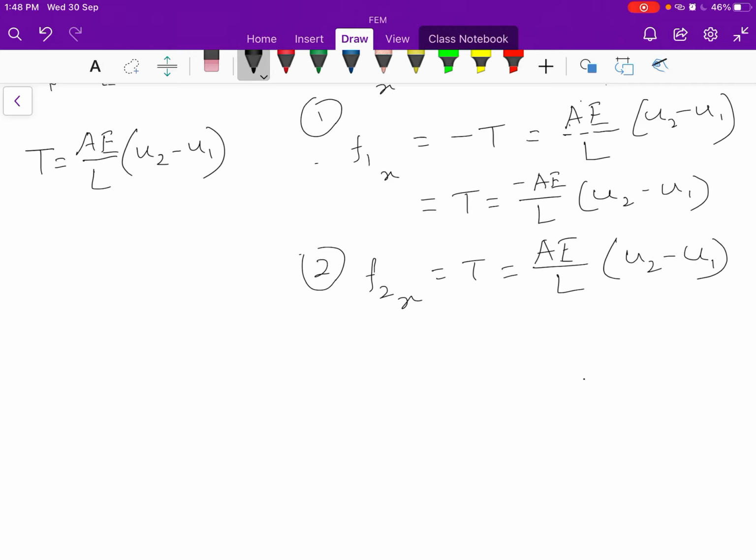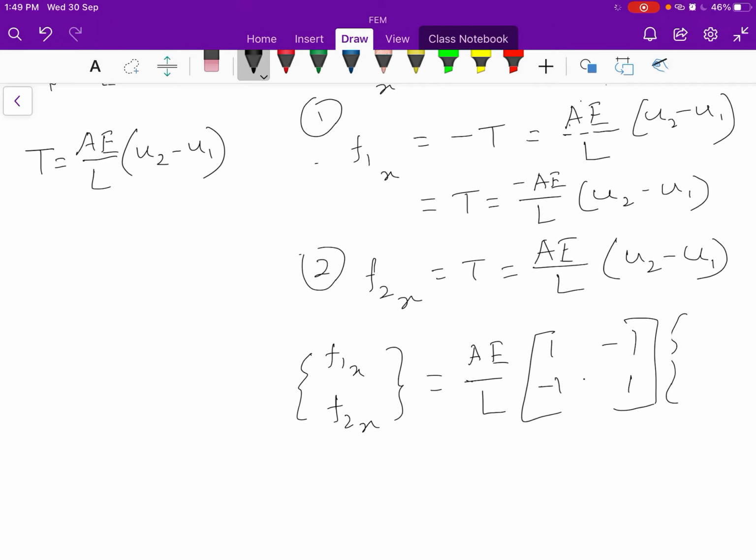So in the matrix form, it can be expressed as F1x, F2x equal to AE by L into the matrix 1 minus 1, minus 1 1, into U1 U2.